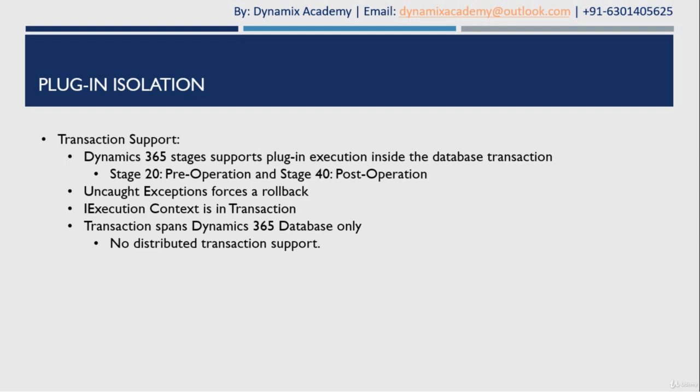So it is only going to roll back those changes that are done in the D365 database. It is not going to roll back any changes on the third party applications or third party data source.